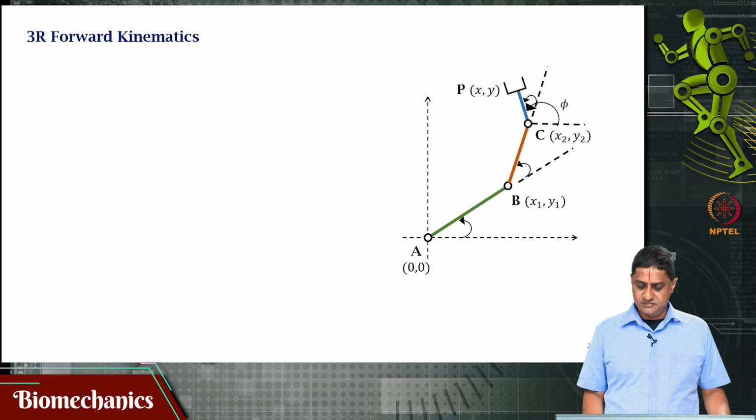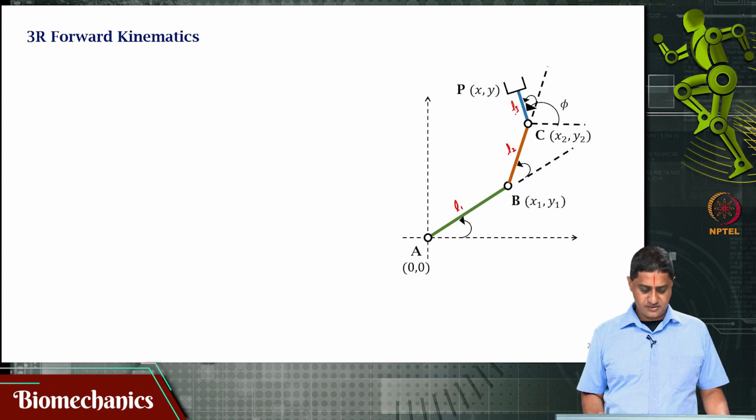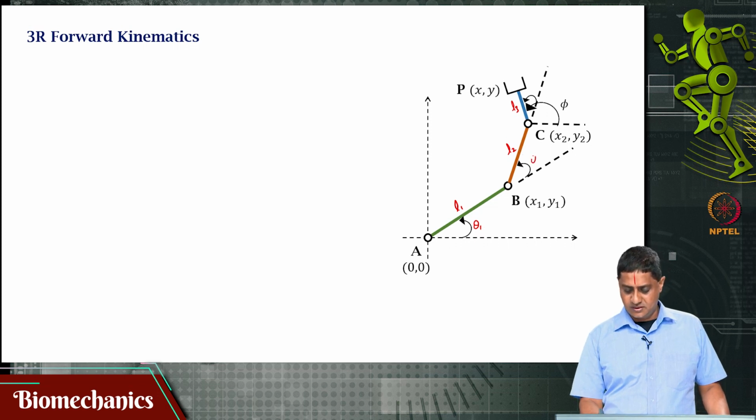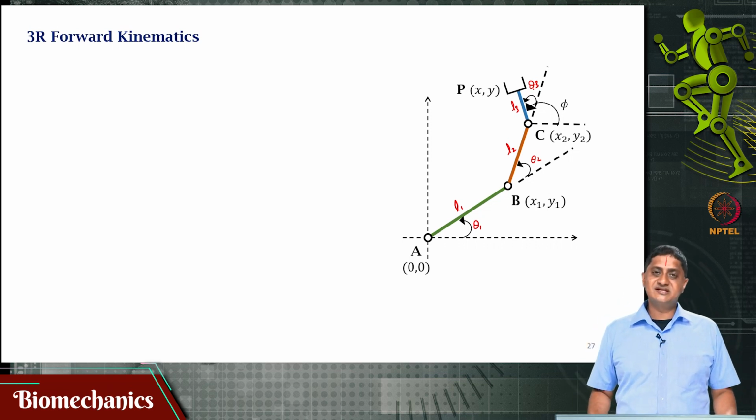Consider this situation. There are 3 links AB, BC and CP of link lengths L1, L2, L3. Each of these is making the joint angle theta 1, theta 2 and theta 3 with respect to the previous link.